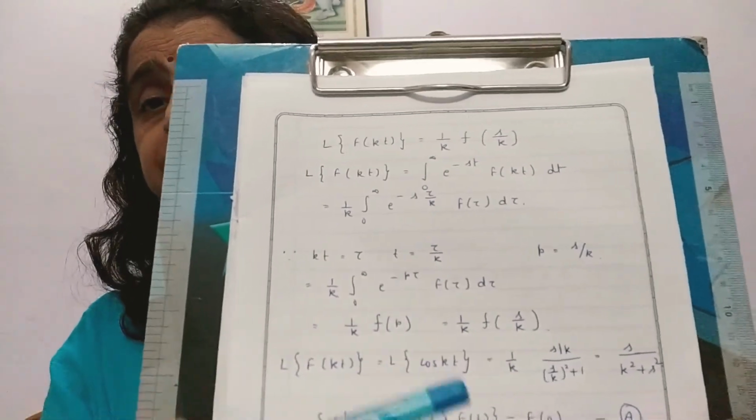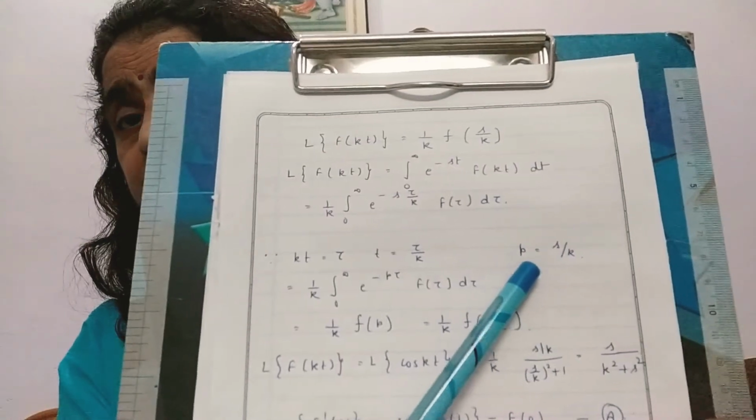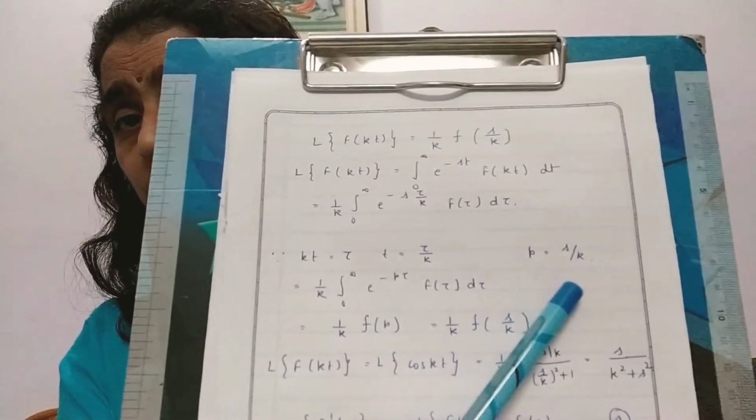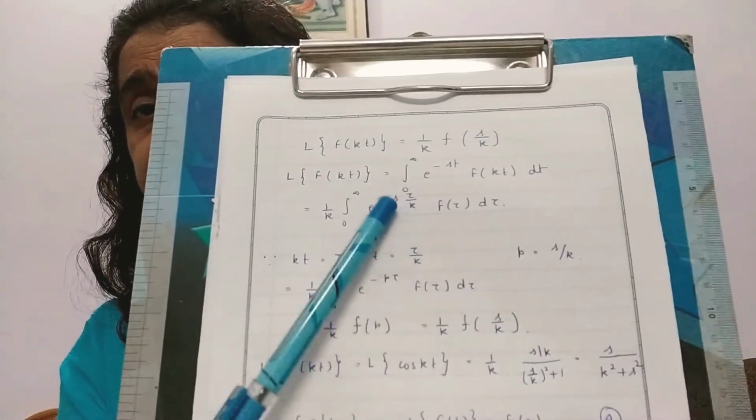Now our next step will be, we will use another quantity p equal to s upon k, which is used here.